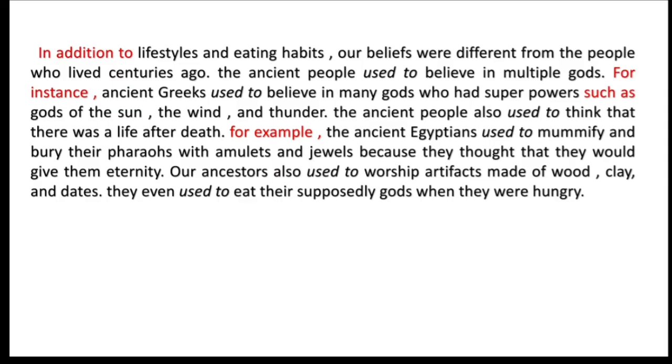Our ancestors also used to worship artifacts made of wood, clay, and dates. They even used to eat their supposedly gods when they were hungry. إذا قمنا بكتابة الفقرة الثالثة المخصصة ل their beliefs.